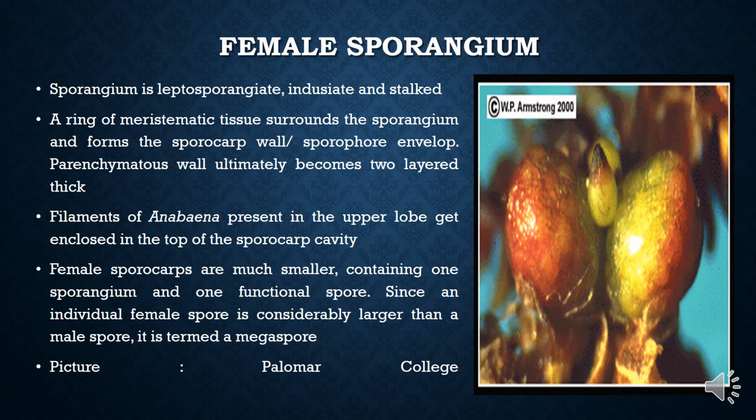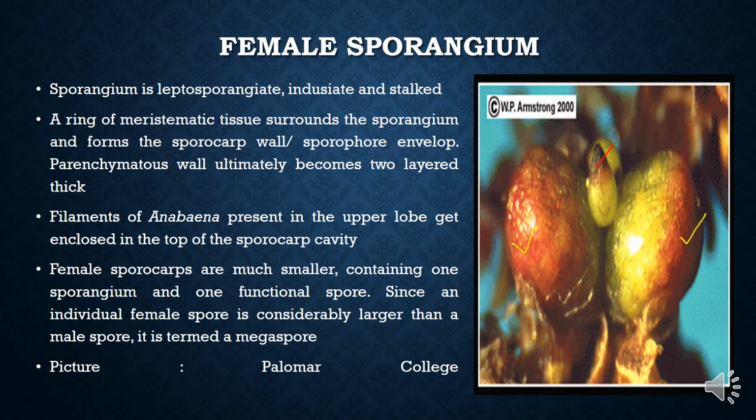In this diagram we see that this structure here is the macrosporangium or the female sporangium, and this much larger structure, let me draw it in another color, this one and this one, is the microsporangium, that is the male sporangium.